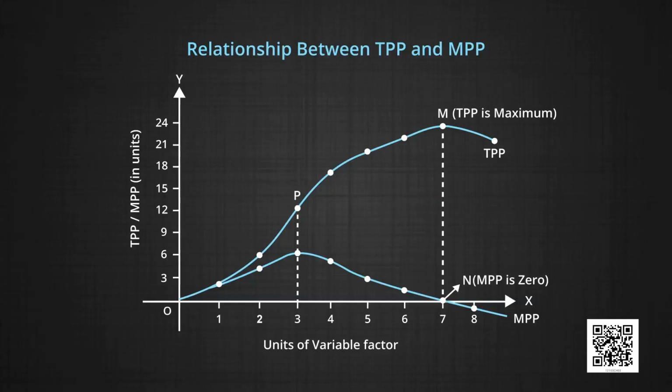When the TPP reaches its maximum, that is at the point M, the marginal physical product becomes 0, as shown at the point N, that is at the 5th unit of labor. Further employment of labor beyond the 5th unit, the TPP starts falling. So, after M, that is from the 6th unit of the variable factor onwards, the marginal physical product becomes negative.